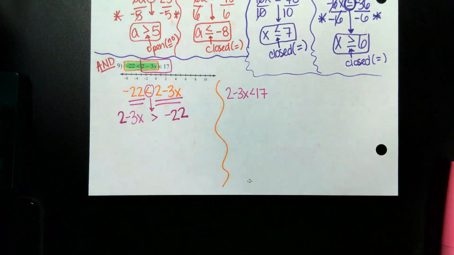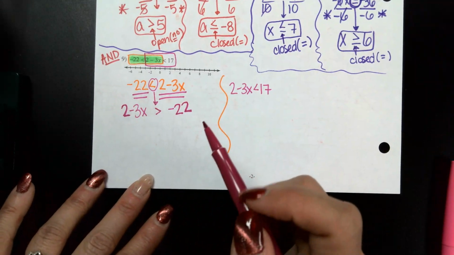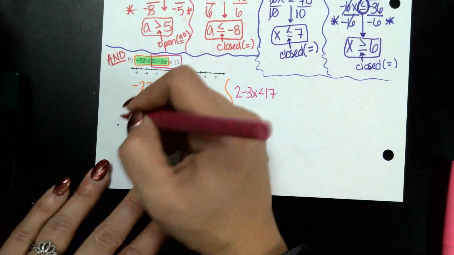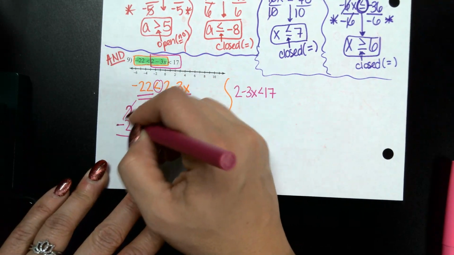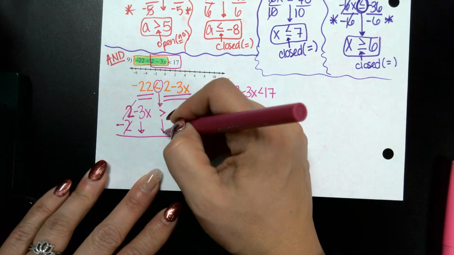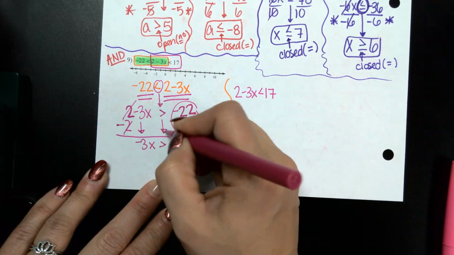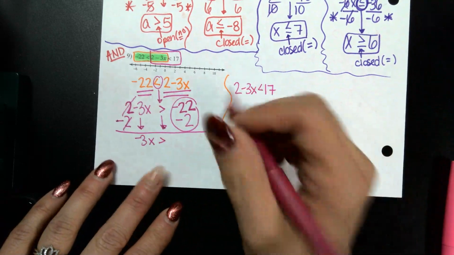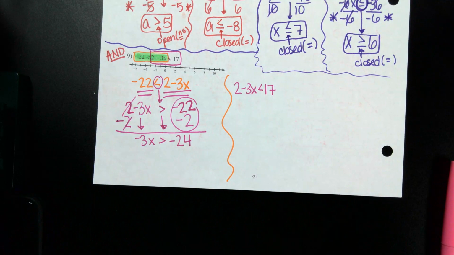And then we can actually start solving it. So how do I move the 2? Subtract it. So negative 3x is greater than negative 24. Finish with your division.